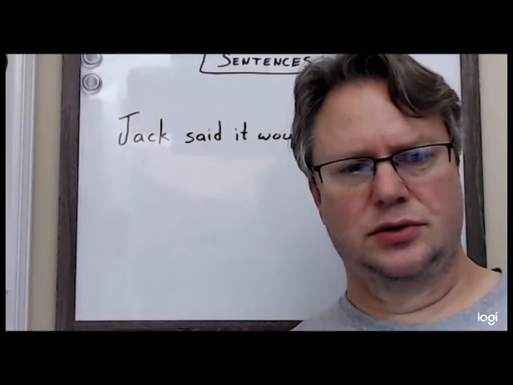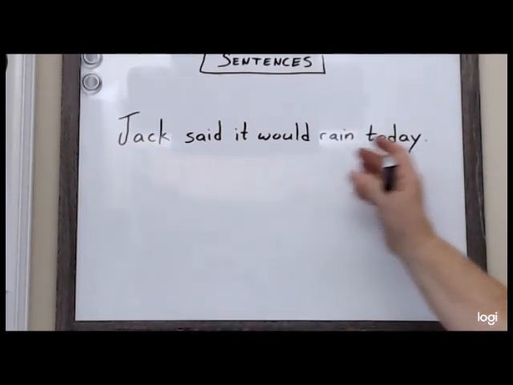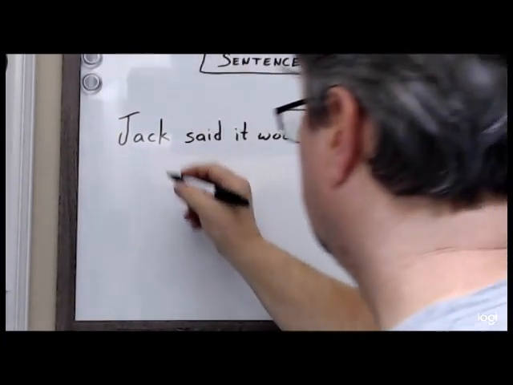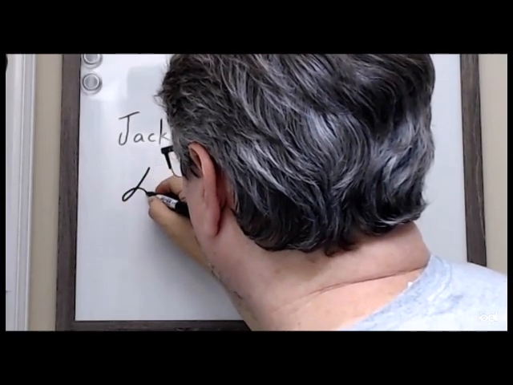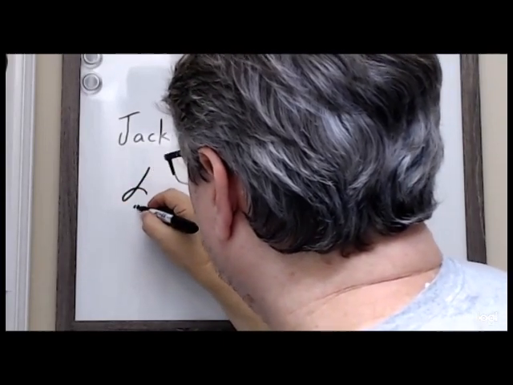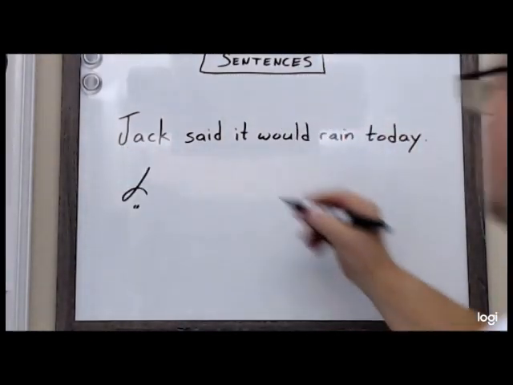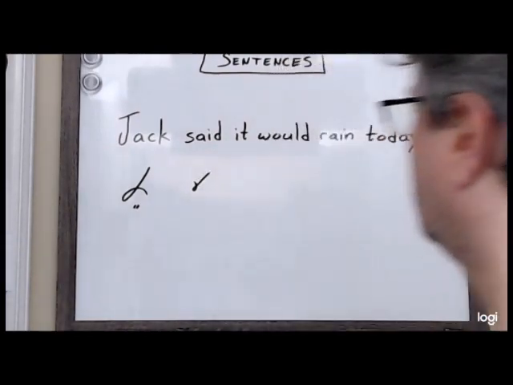And now on to some sentences. The first sentence will be, Jack said it would rain today. Starting with the name Jack, just write J-A-K, two ticks underneath to represent the capital J. Said, the S-E-D.